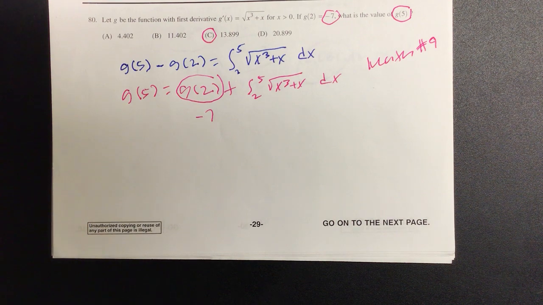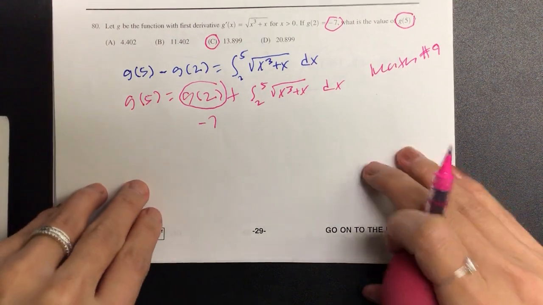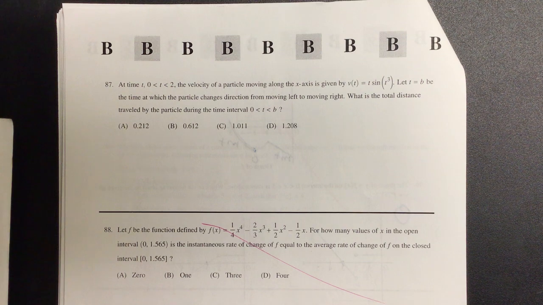Now let's go on to number 87. And again, 87 is going to be a calculator portion. It's going to go by pretty fast. Okay, on number 87. Timothy, let's read.